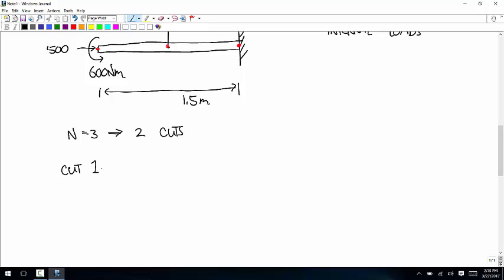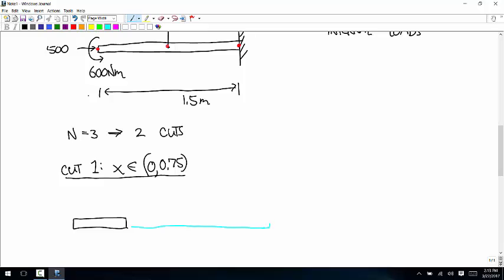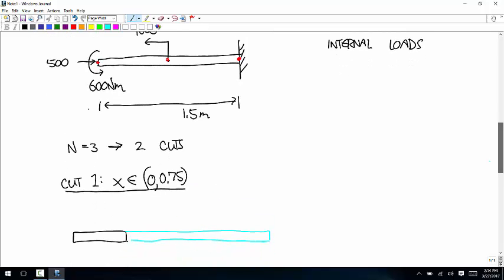Cut 1 is for x's between 0 and 0.75. We're ignoring this force and the stuff over here, so the only stuff acting is the 500 Newton force and the 600 Newton meter couple, and then the internal loads.